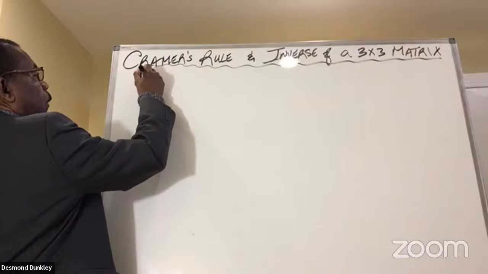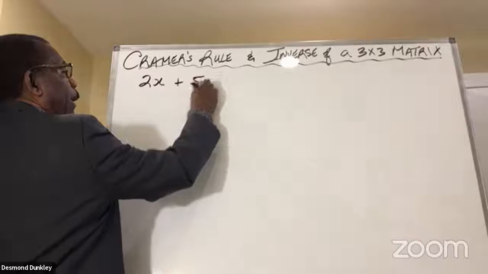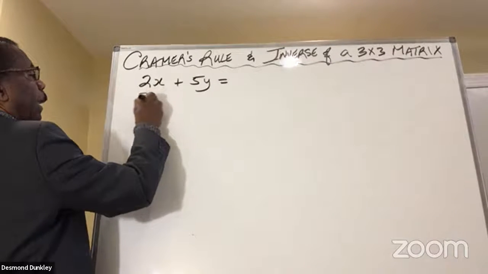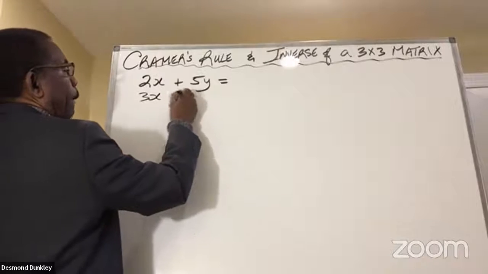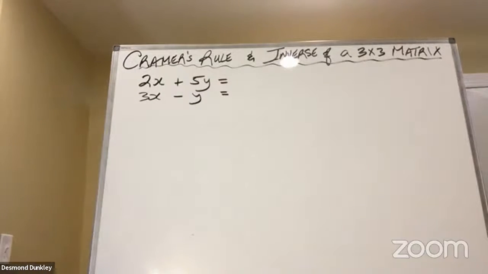How about 2x plus 5y equal 15 and 3x minus y equal 14.